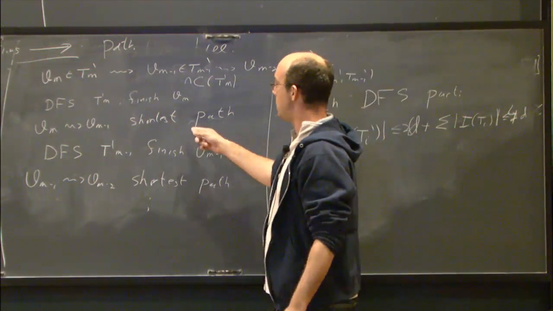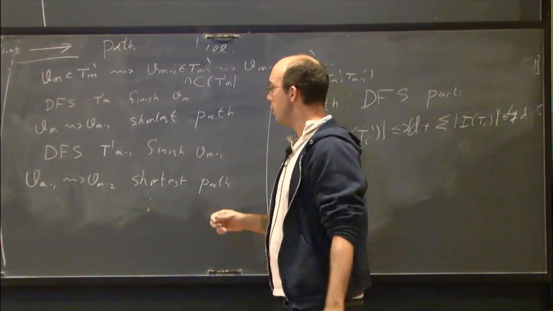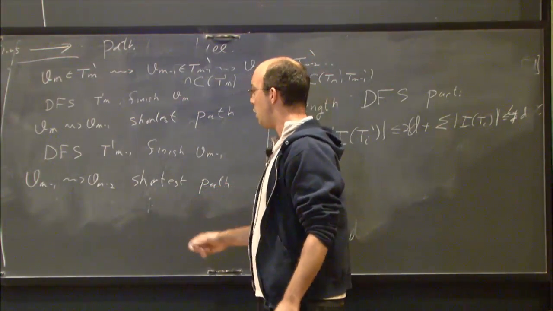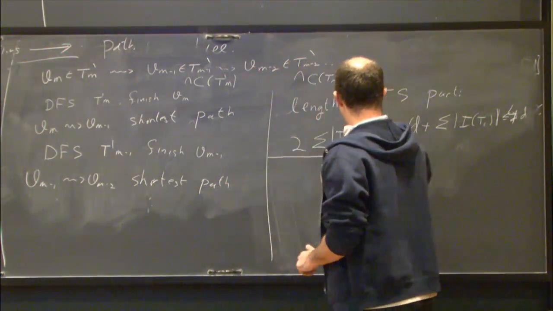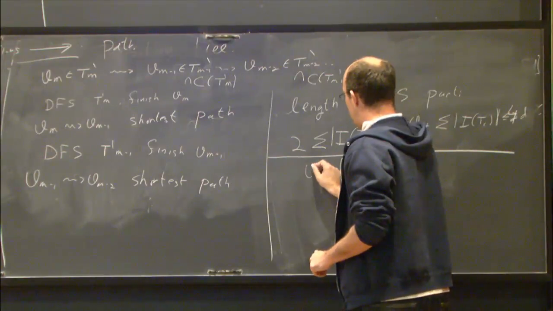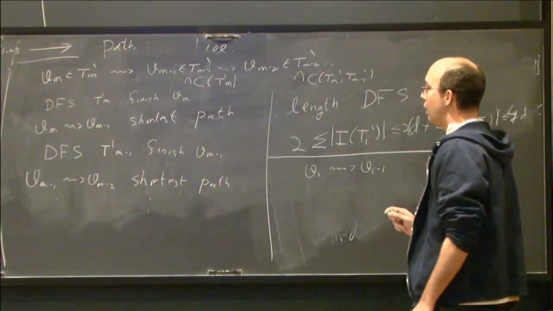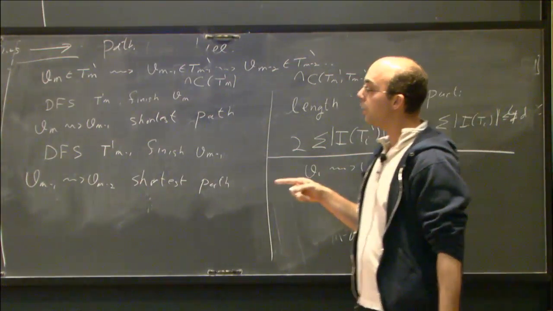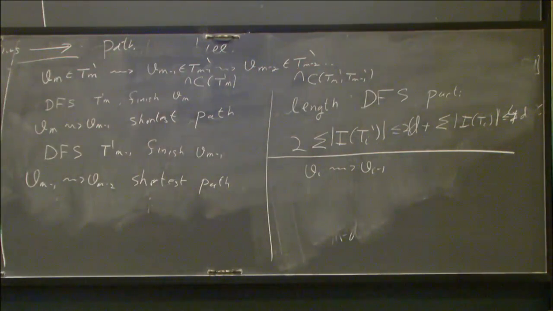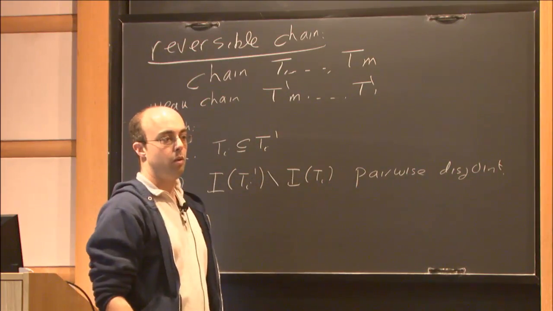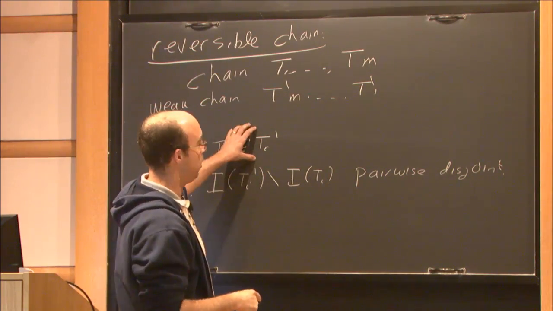So why is this shortest path short? Let's look, for example, at how we can bound the length of the shortest path from Vi to Vi minus 1. What we're going to do is use the regular chain to bound the lengths in the weak chain. So we're going to use this property now.